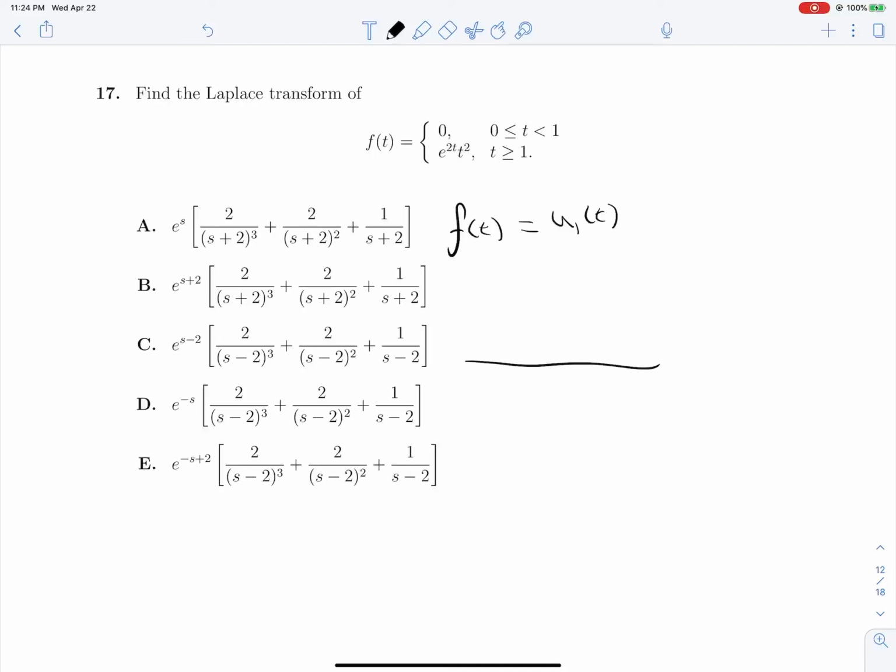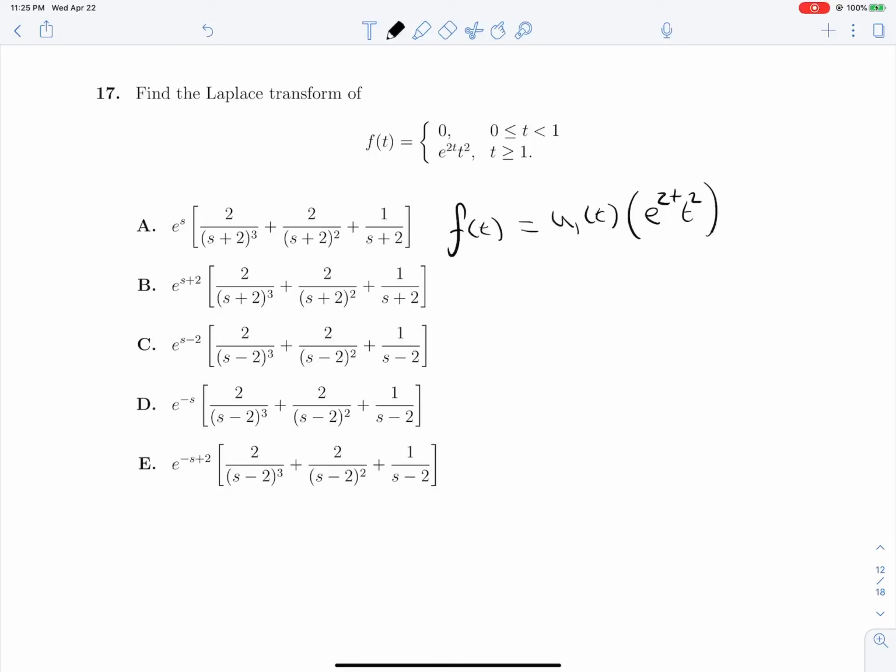So for all t less than 1, our function is equal to 0. It's undefined at 1, down at 0, but it's defined up at 1 for y equal to 1. And then for all t greater than or equal to 1, our function u1 of t will evaluate to 1. So that's a little crash course on what's going on here. And we're multiplying this by e to the 2t t squared.